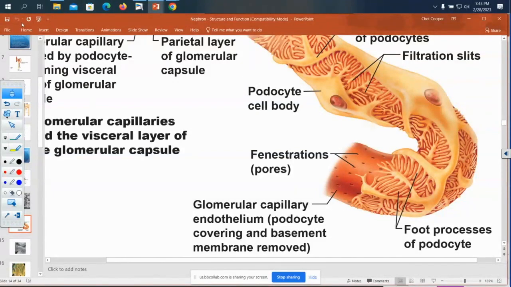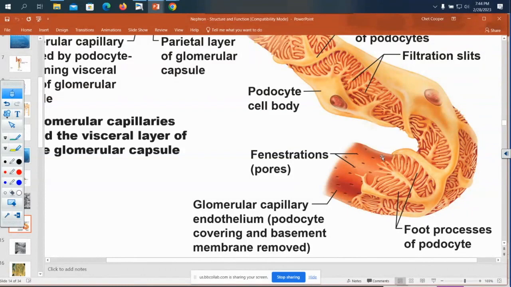So, here's the cool thing: the glomerulus, its capillaries are special. They're not just normal thin little capillaries. They're thin, but because they need to make 180 liters a day of fluid, they have holes in them. Now, technically, I wouldn't call them holes on a test. They're little pores or windows.